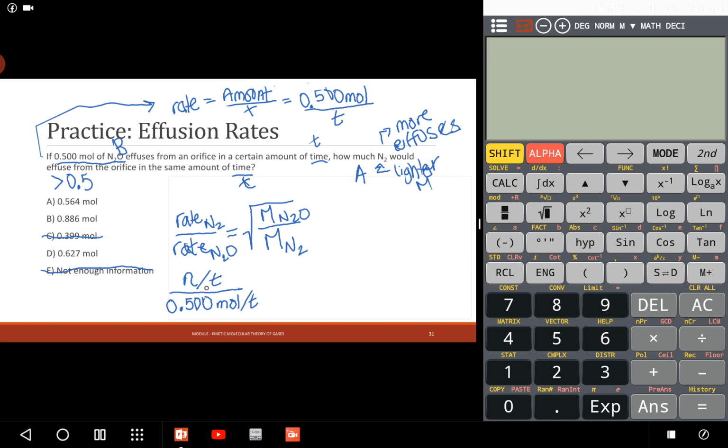And these t's are going to cancel out because they appear in both the numerator and the denominator. They are the same amount of time.